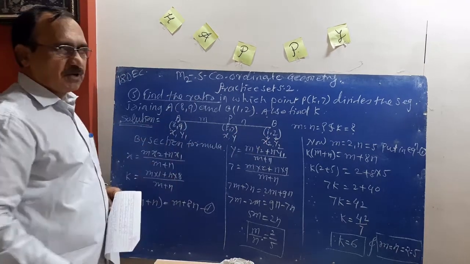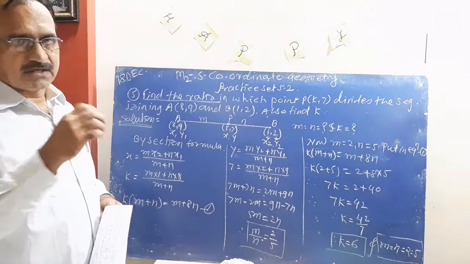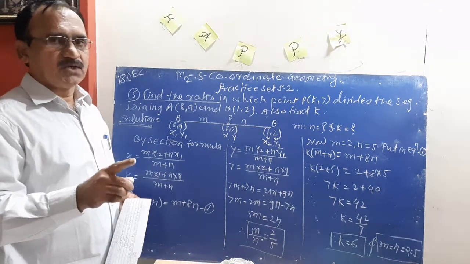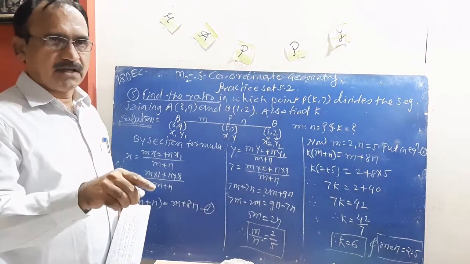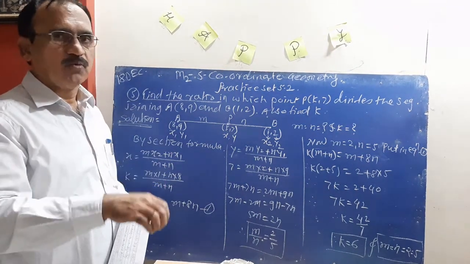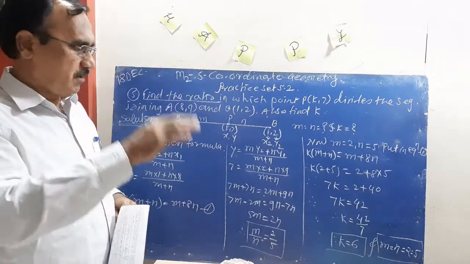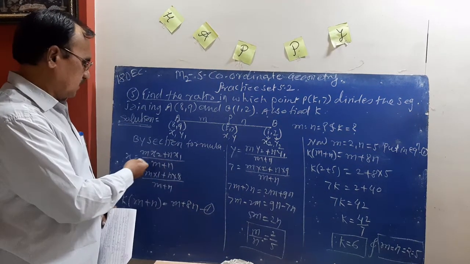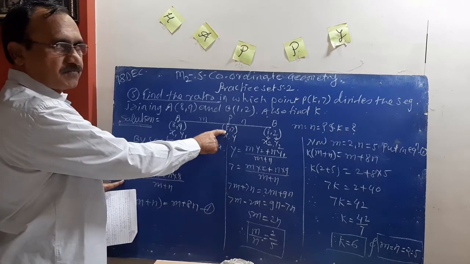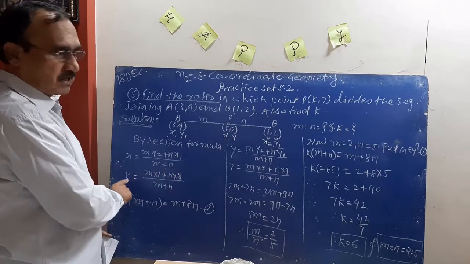Again by the section formula. You know the section formula. What is the section formula? X is equal to (m x2 plus n x1) upon (m plus n), and y is equal to (m y2 plus n y1) divided by (m plus n). Here x is k.